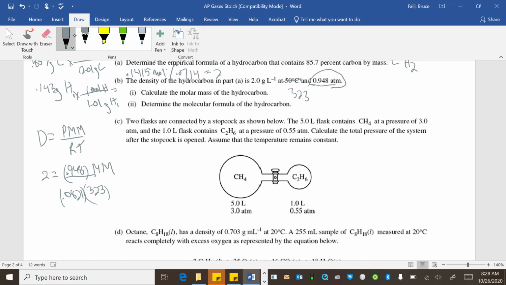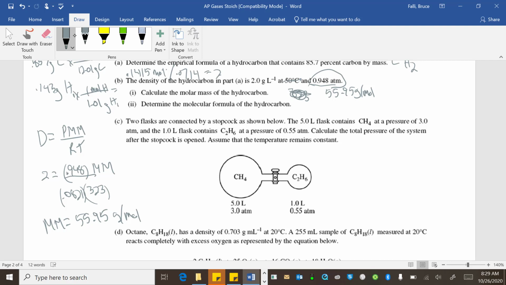And then molar mass. Calculate the molar mass. 2 times 0.0821 times 323 divided by 0.948, and I get 55.95. I suppose I should call it 56.0, but that's okay.